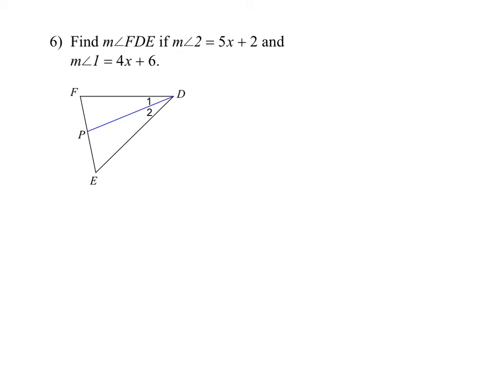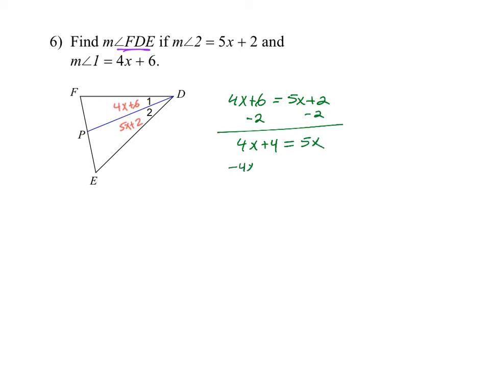Now I want to find angle FDE. I know that angle 2 is 5x plus 2 and angle 1 is 4x plus 6. Again, this is the bisector, so it's dividing angle FDE into congruent angles. So 4x plus 6 equals 5x plus 2. Minus 2 on both sides, so 4x plus 4 equals 5x. Minus 4x, so x equals 4.